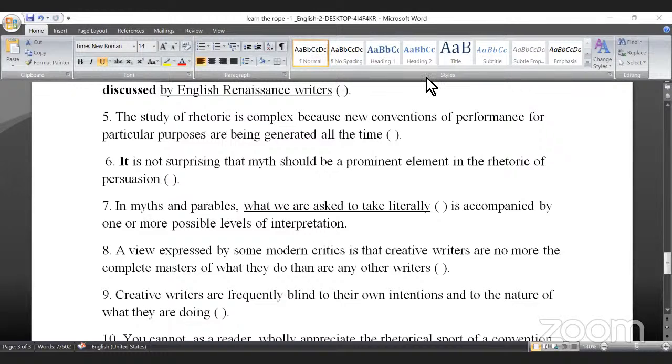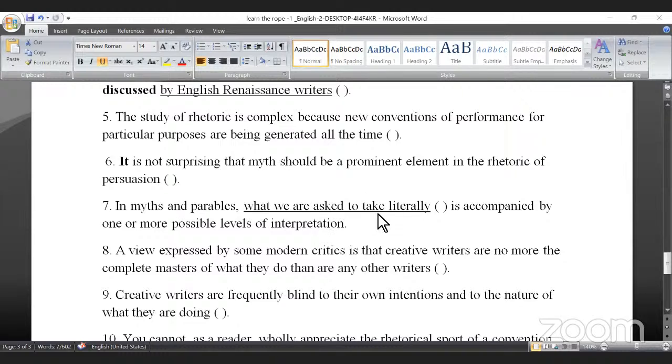What we are asked to take literally does not give you any addition. Is there anybody else who thinks that it does the same job? It doesn't look to me like that. Where does it modify? It does not talk about myths and parables in the sense that it modifies, because the test is you take out in myths and parables and nothing would happen to the sentence.